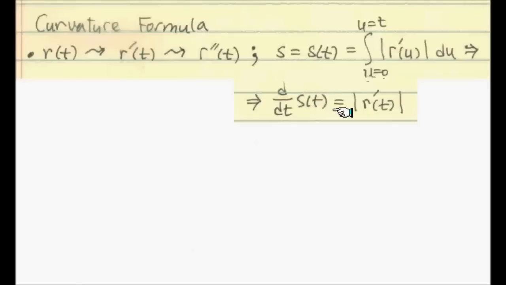So that must be measuring the instantaneous speed on the left-hand side, and the right-hand side is the magnitude of the velocity vector. So it makes sense.